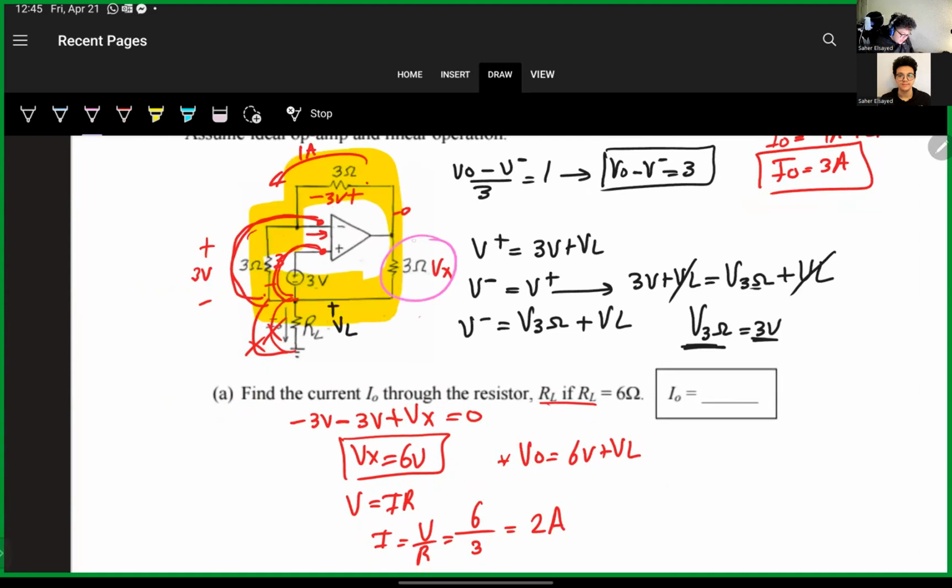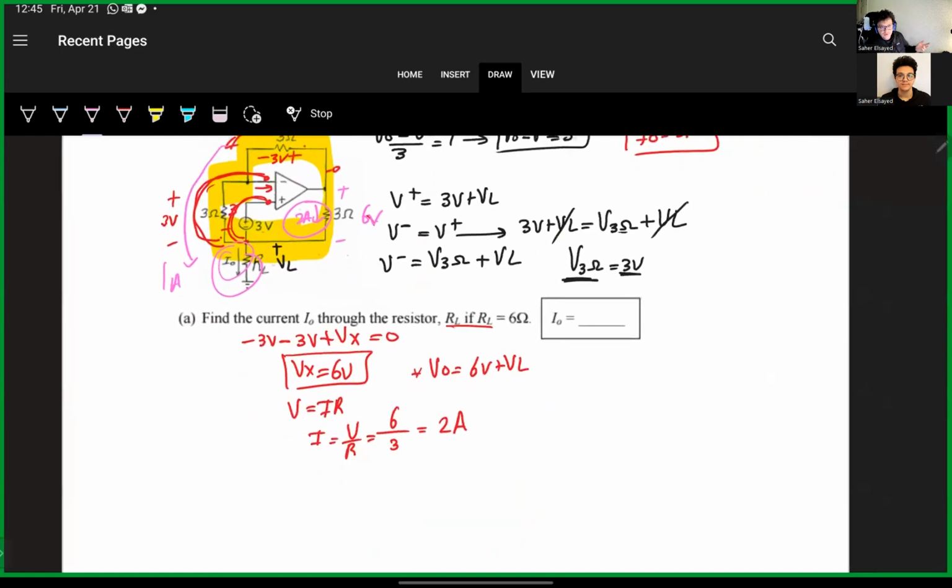You end up knowing that this voltage is 6 volt. So you know this is 6 volt, you know now the current. You get the current to be 2 amps. Now you add them and you figure out your I out. You add this and the current here, which is the 1 amp. So you get your I out. That's it. Hopefully this makes sense.